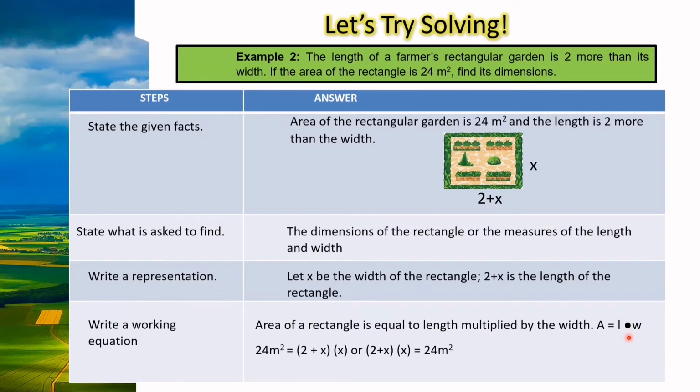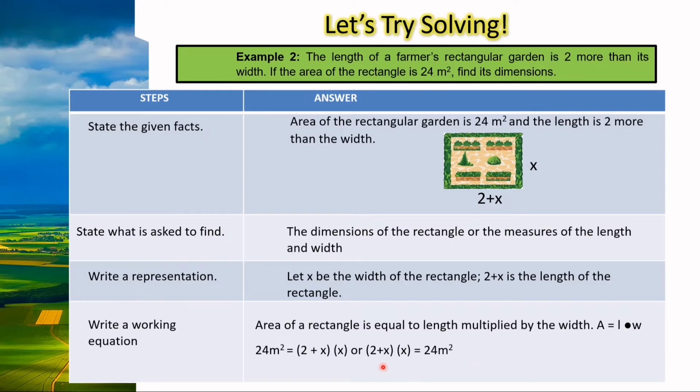So you simply substitute. Given the area of 24 meters squared, equate it to the length, which is 2 plus x, and the width, which is x.